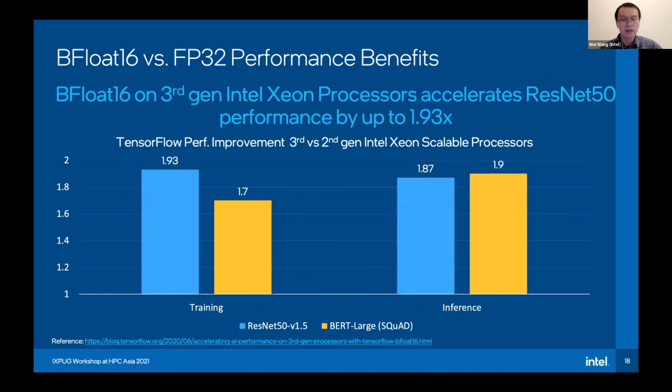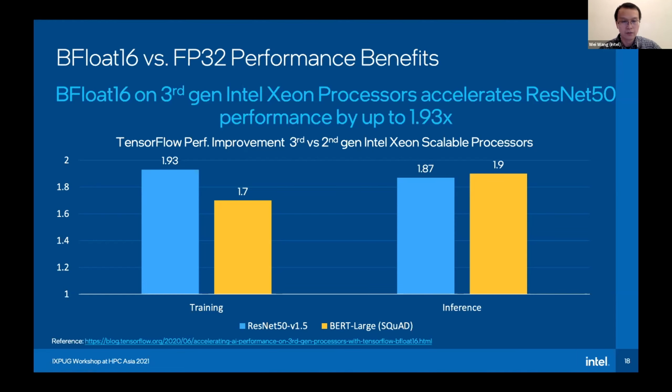This page is from when we launched the Cooper Lake product, as Niranjan mentioned last year. These are representative results from enabling BFloat16, a new feature of our latest Intel Xeon processors. We're observing up to 1.93 times speedup; the theoretical is two times, as Niranjan mentioned.